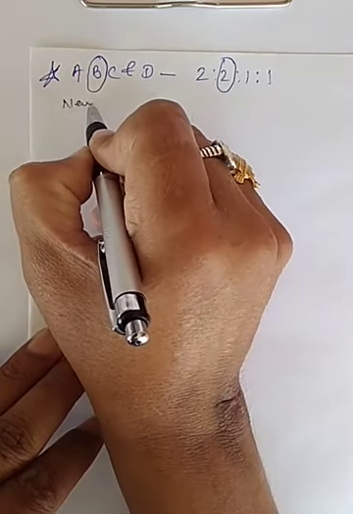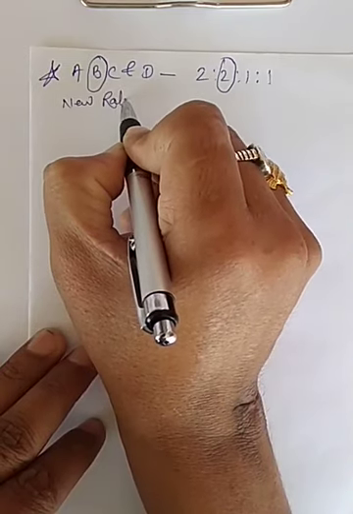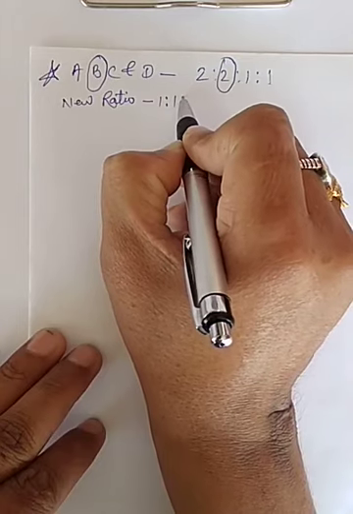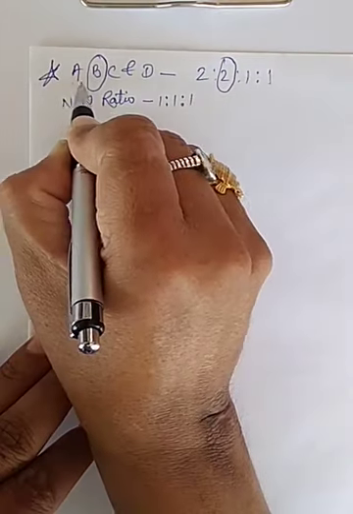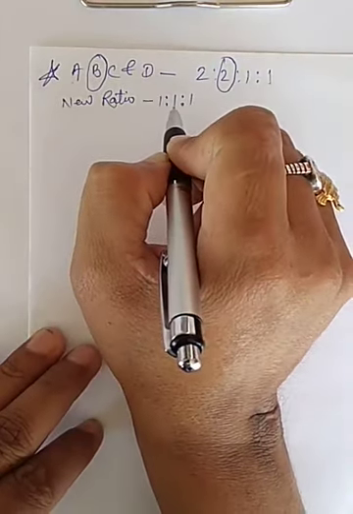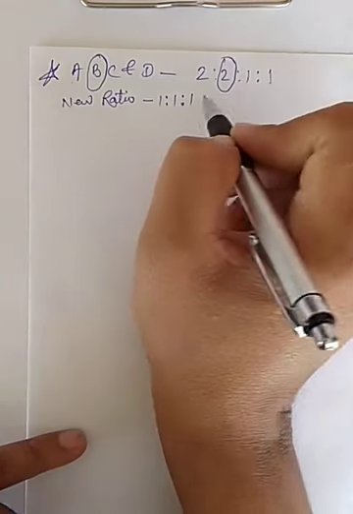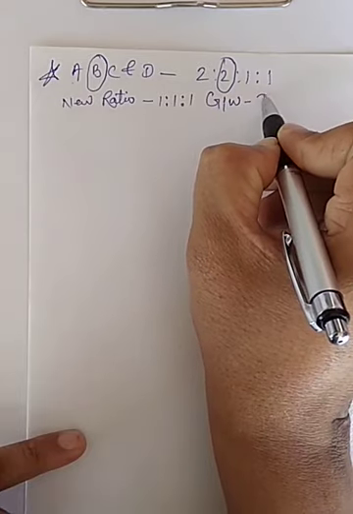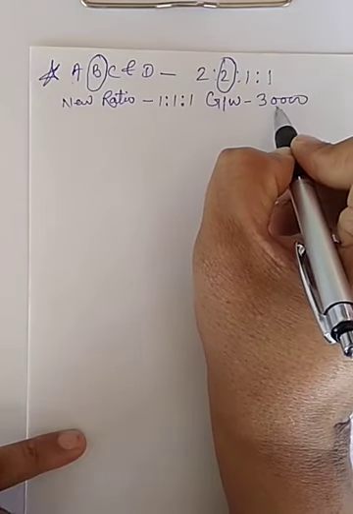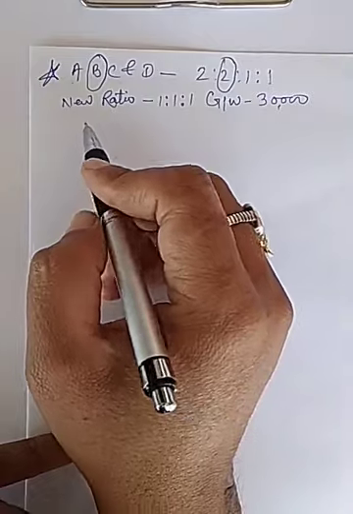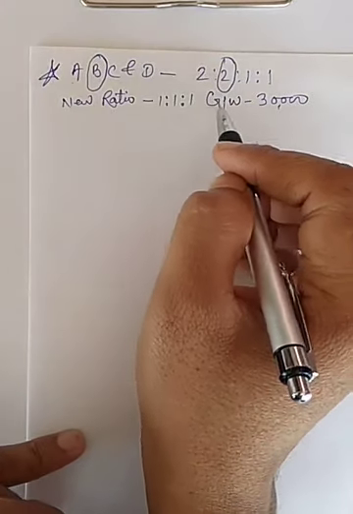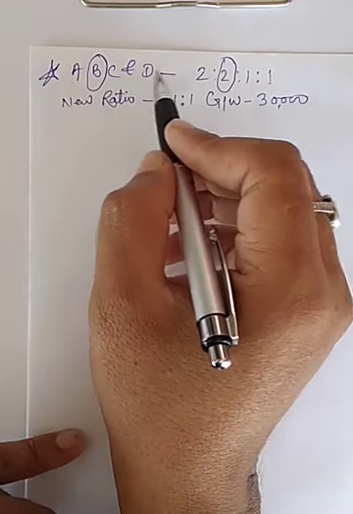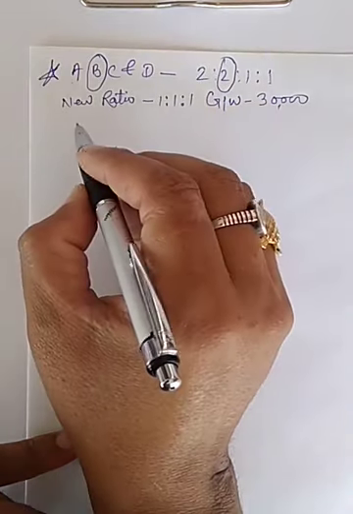That means the new ratio of partners A, C, D will be equal. Goodwill of the firm is valued at 30,000. For this purpose, give necessary journal entry. So in this question, new ratio and old ratio are also given.